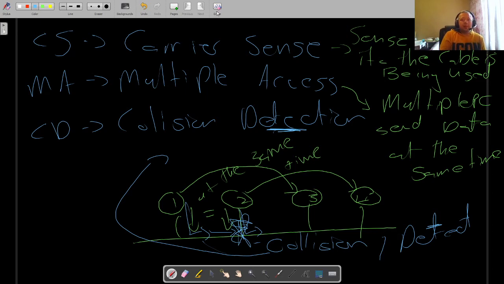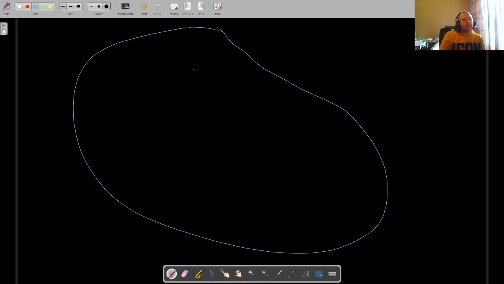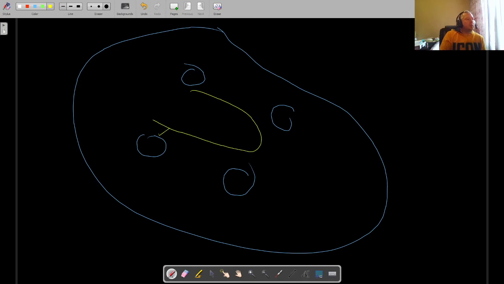If I do it in a little bit of a different way, so let's say this is my network, and on my network I've got multiple computers, and these computers are connected to one another with a single wire.